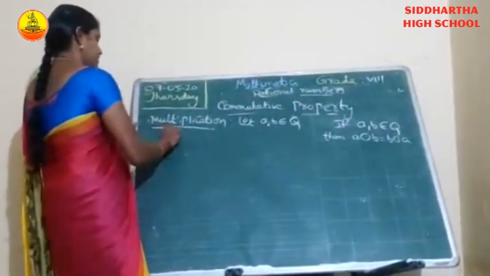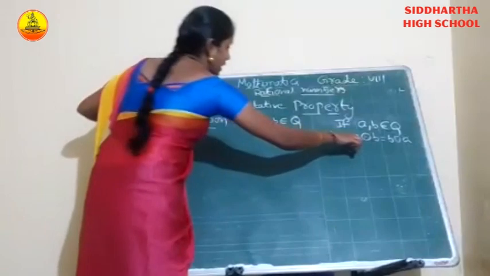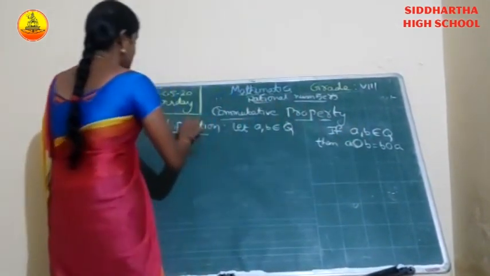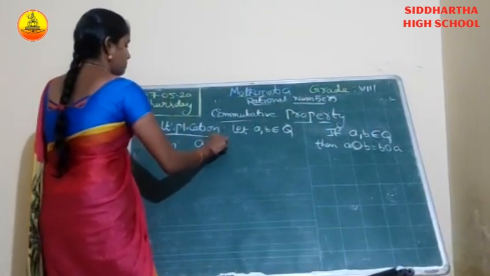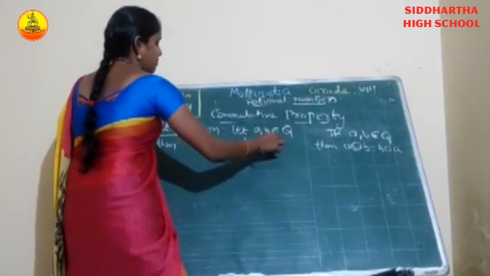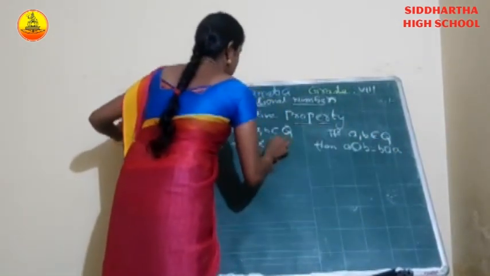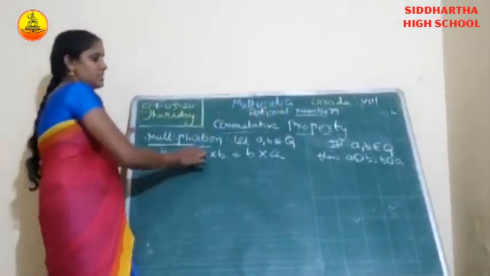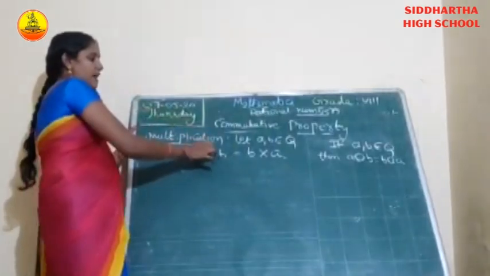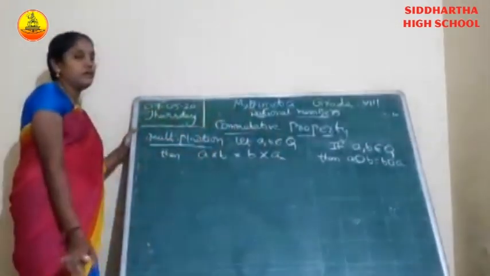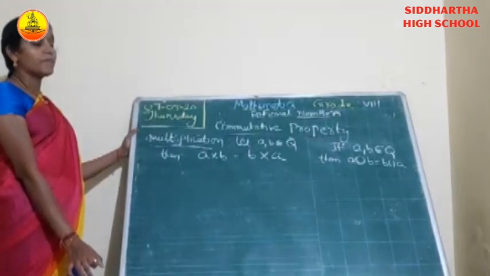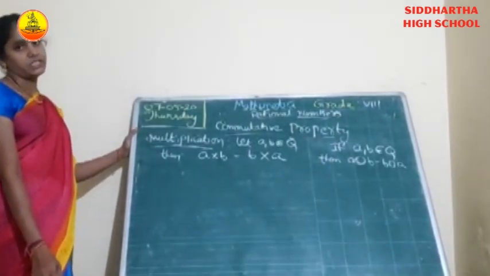Operation multiplication means A into B is equal to B into A. We have to check whether these two are equal or not. If the values are equal, then commutative property satisfies under multiplication.